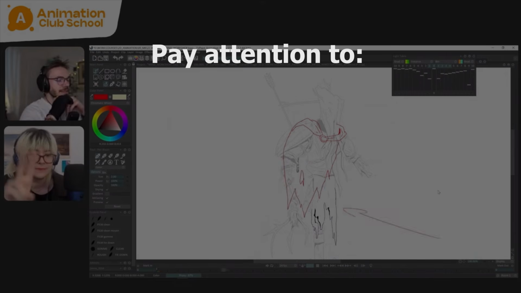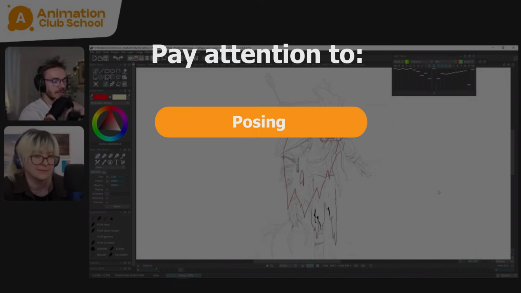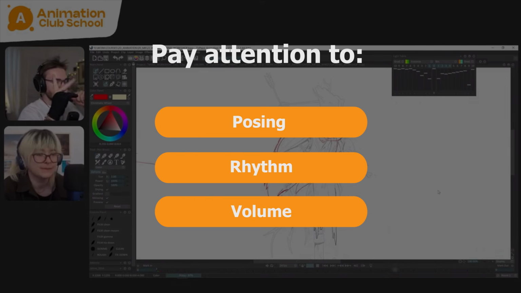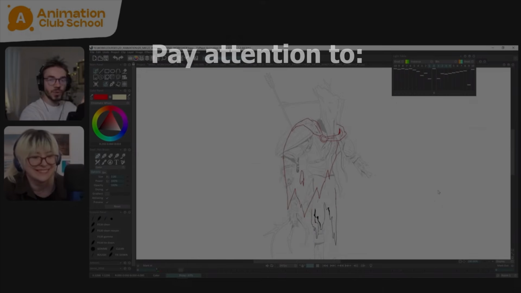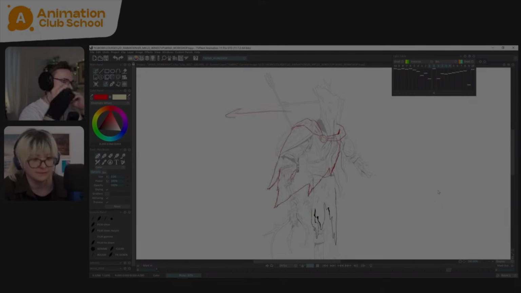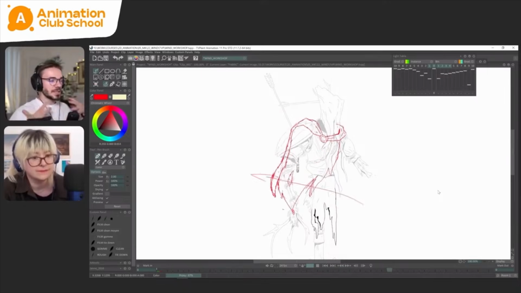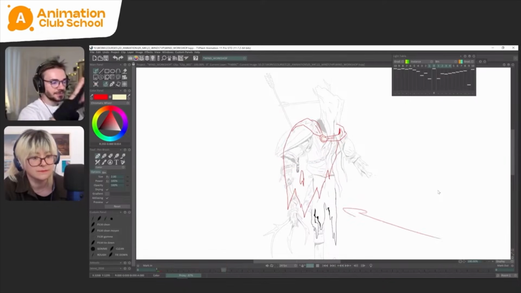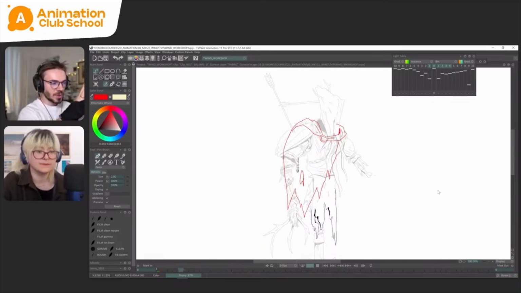Second, it's rhythm, which is why I did some arrows and made some poses. And third, draw the whole volume of the cape, with the pin, etc., and think about how the wind will react with the body.